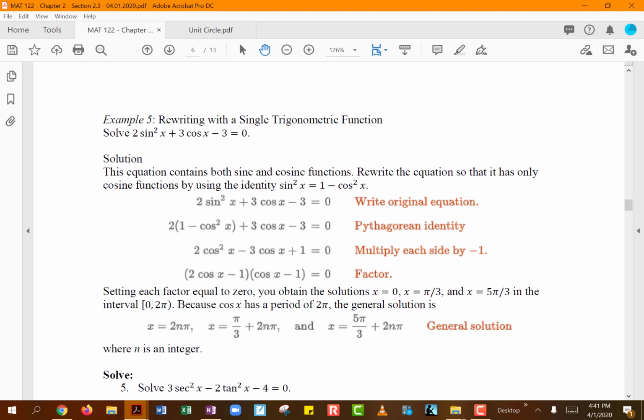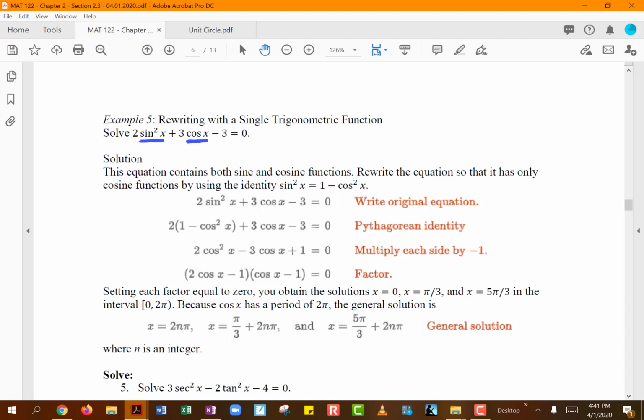Now let's see, we have a trigonometric function here, which is 2 sine squared of x plus 3 cosine of x minus 3 equals 0. So the first thing you should notice is this has both the sine x and the cosine x function. You cannot work when they are two different functions, sine and cosine.